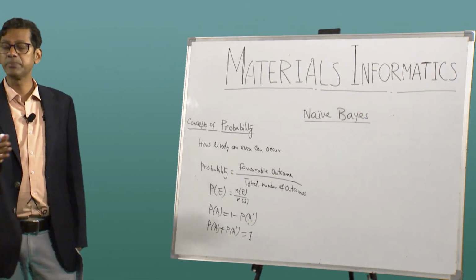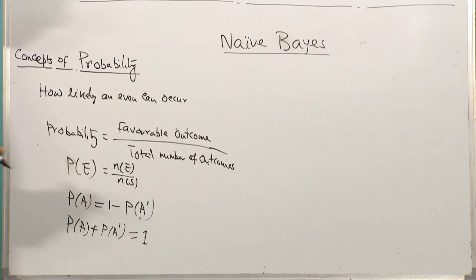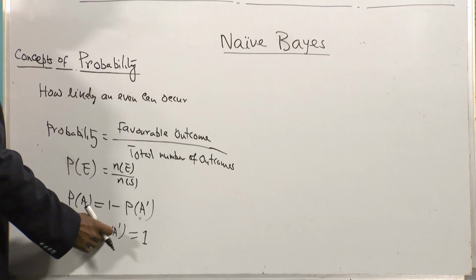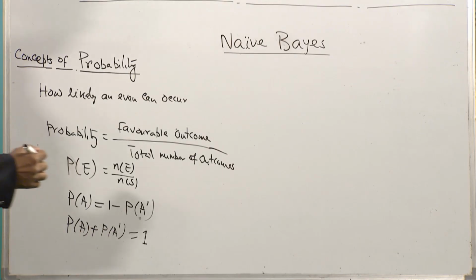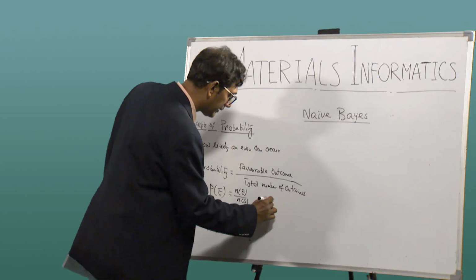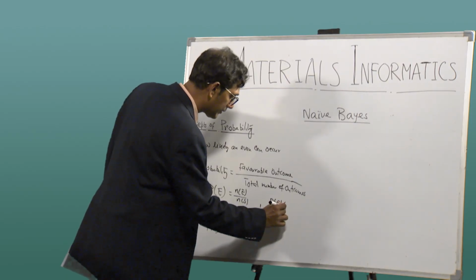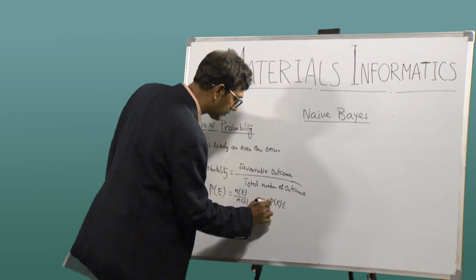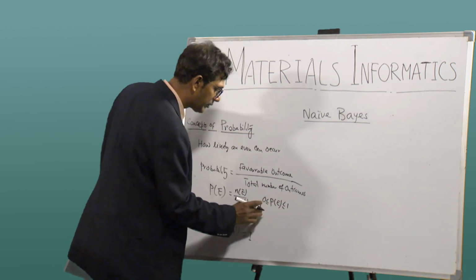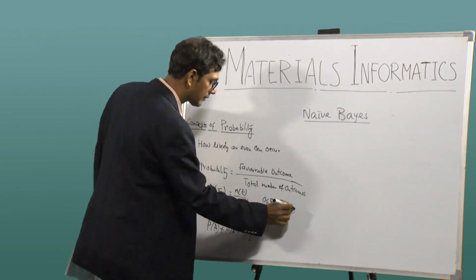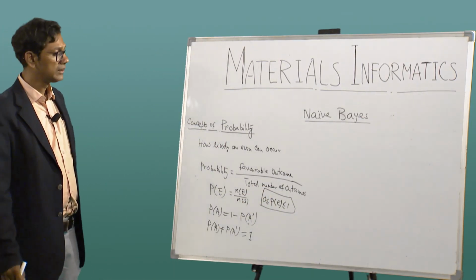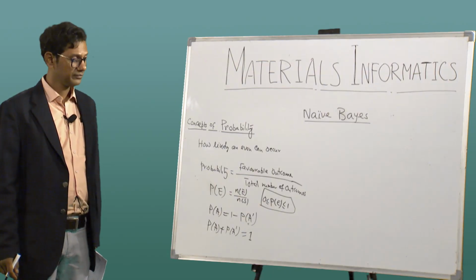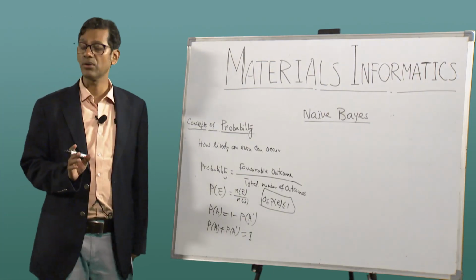If I do random experiments with a coin and calculate the probability of getting head and the probability of getting tail, and add them, it will become 1, because probability P basically always varies between 0 and 1. It cannot be more than 1 and it cannot be less than 0. So, probability is basically always a fraction, remember this.